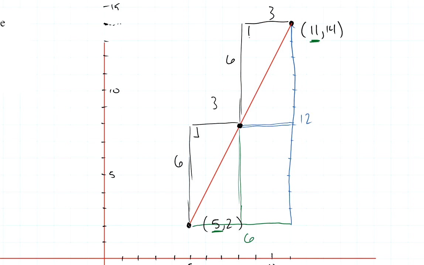If I have right triangles with legs 6 and 3, the length of these hypotenuses would be 36 plus 9, which is 45. So both of these are the square root of 45, which can be simplified, but we'll talk about that in another course. So definitely this technique is finding the midpoint for us nicely.